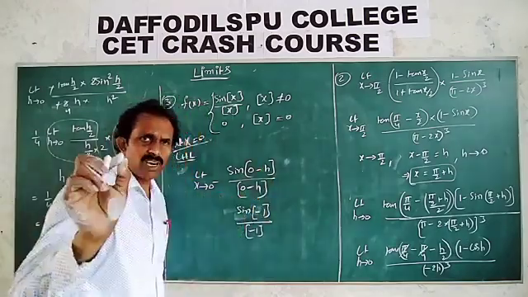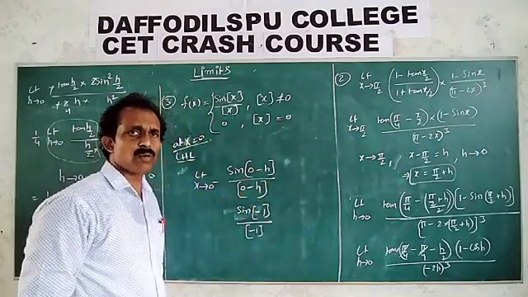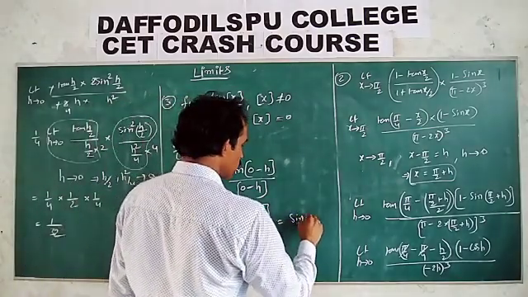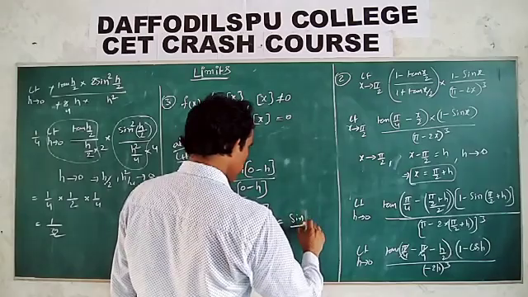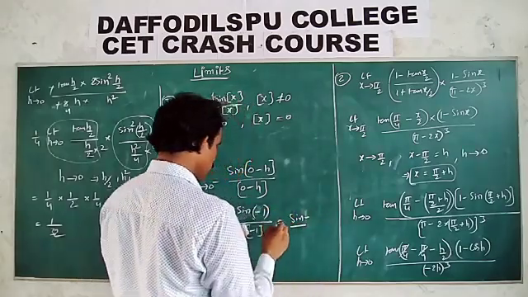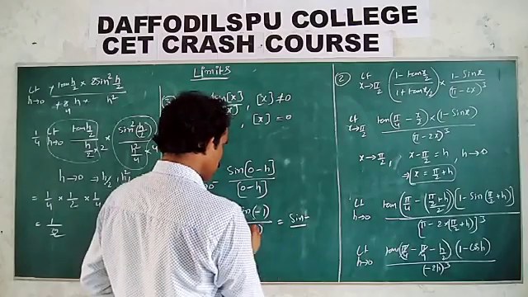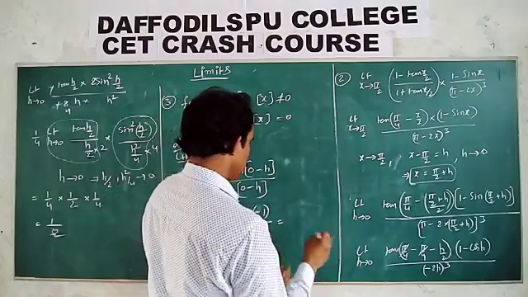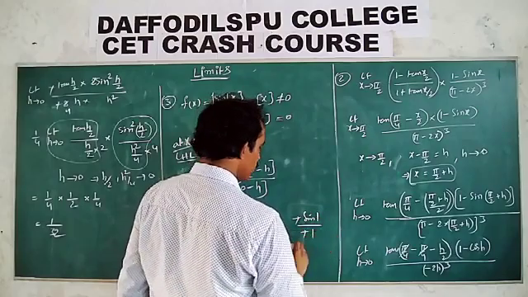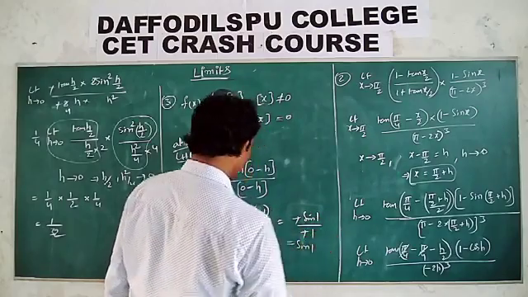Minus 1. h is a small value, 0 minus 0.1, so that is nothing but minus 1. So finally this value is equal to sin(minus 1) by minus 1, the minus signs cancel. So finally this value is equal to sin 1.